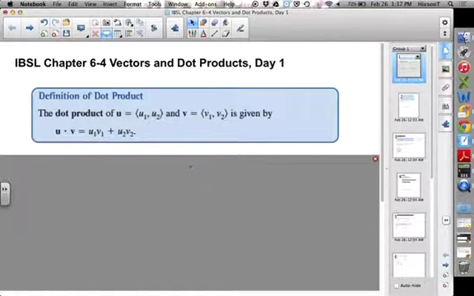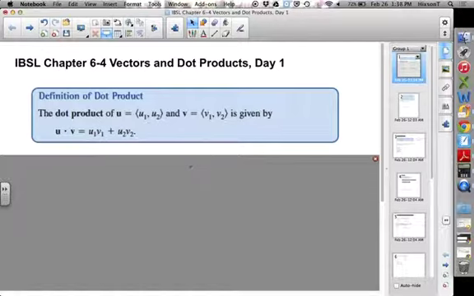Well, that's how this multiplication is defined. So that's why it's different from the other one. When we multiply a vector by a constant, we get a vector. When we multiply a vector by a vector using the dot product, we end up with a scalar.